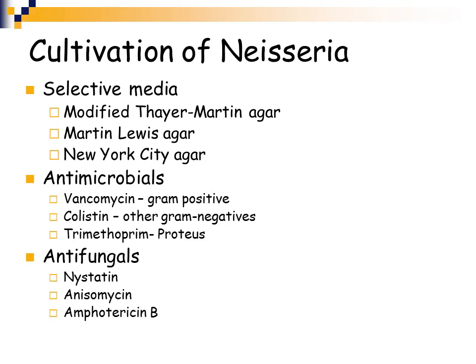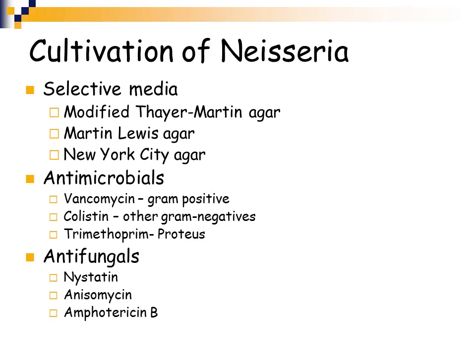And then it also contains an antimicrobial called trimethoprim, which is going to inhibit the growth of Proteus. Proteus is a gram-negative rod that commonly will overgrow plates, and you won't be able to find the organism you're looking for if you have Proteus on there. So these are 3 antimicrobials that are commonly found in selective media for Neisseria.